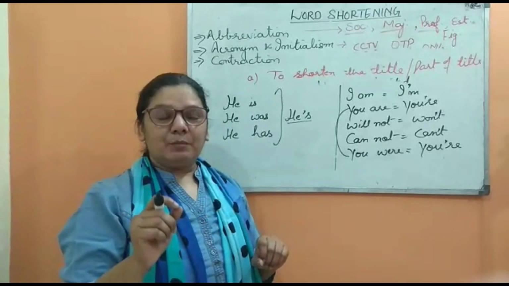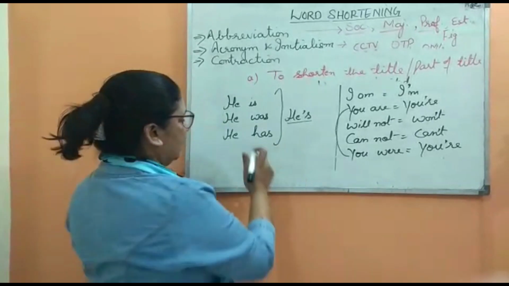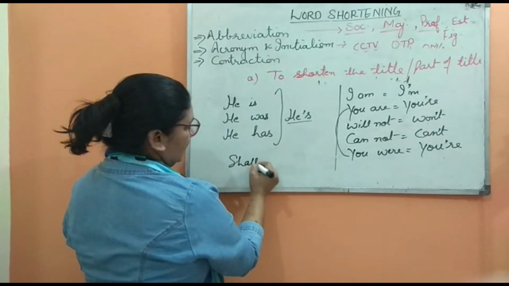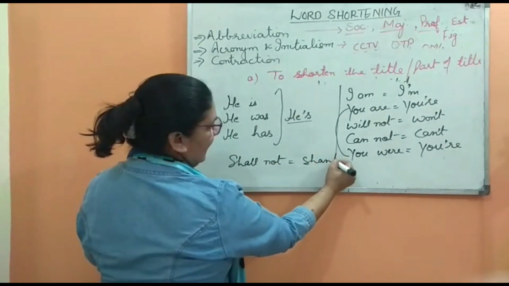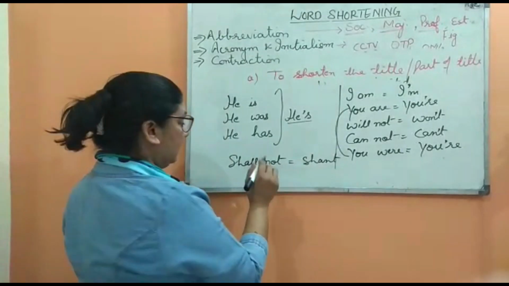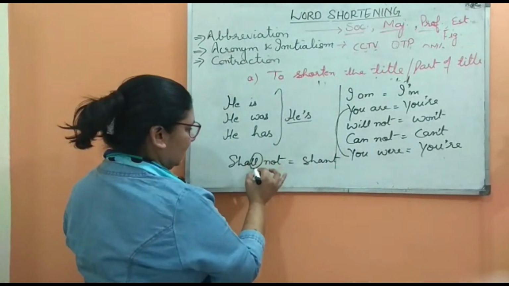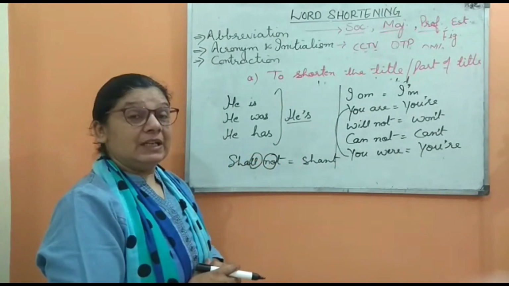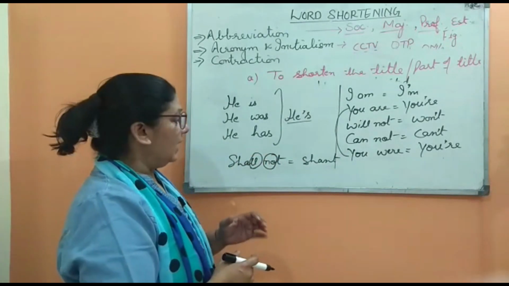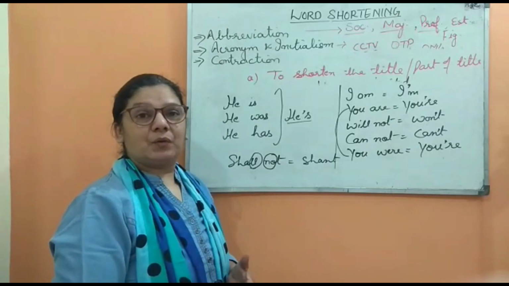One thing I want to make clear, when I wrote shall not, it became shan't, right? We have taken these two letters out and these two letters out. There must be a doubt in your minds that why don't we use the apostrophe twice?